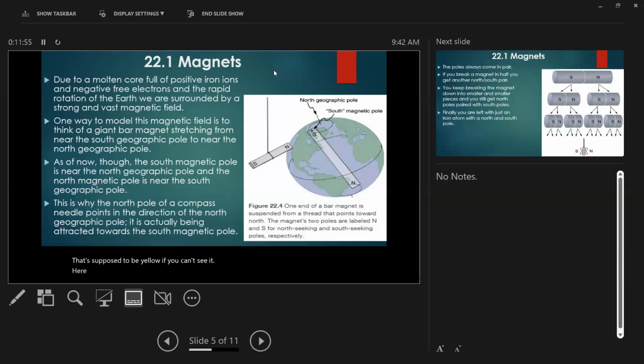So our axis of rotation would have been perpendicular to the plane of our orbit around the sun. Something smashed into the Earth, and now it's like this. That's why we have seasons. It causes the Earth to spin at an angle relative to the plane of our orbit around the sun, not perpendicular.